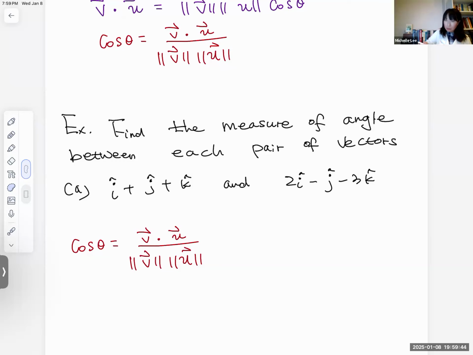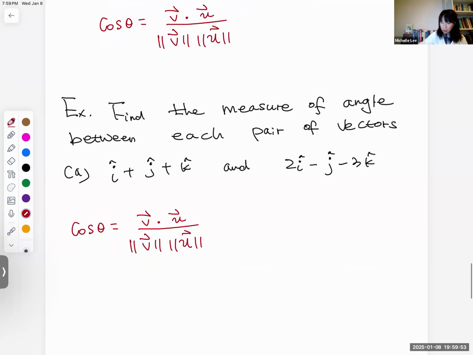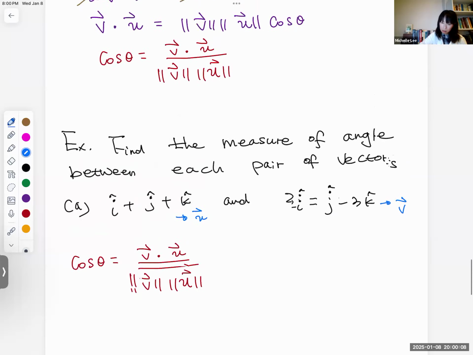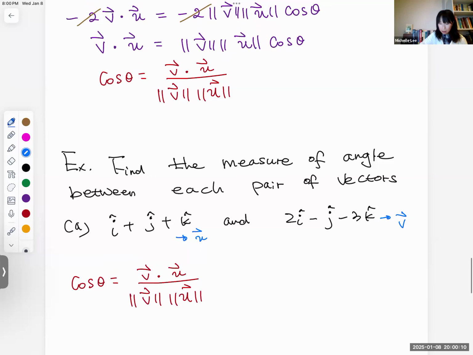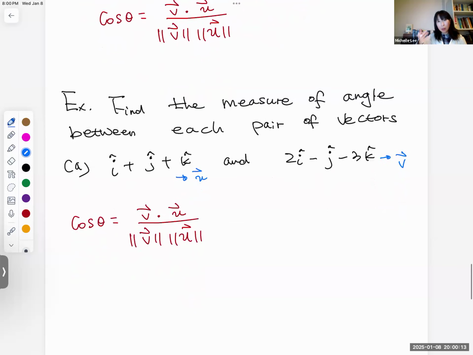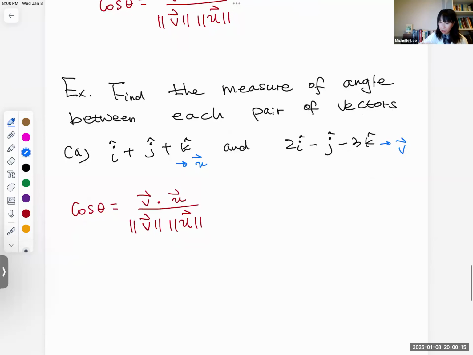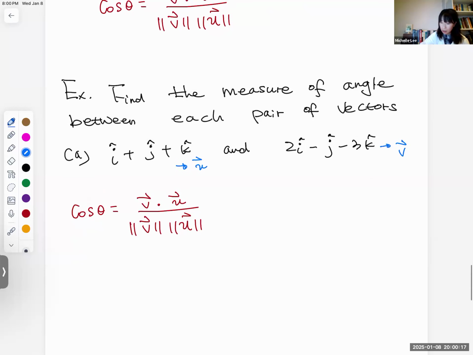Okay, so we can just use one is u, one is v, right? So you want to express this one as u, and this is expressed as v. Okay, then it's fine because the dot product is commutative, right? So we can use uv or vu, same, right?